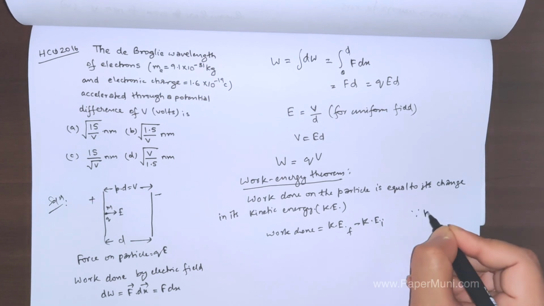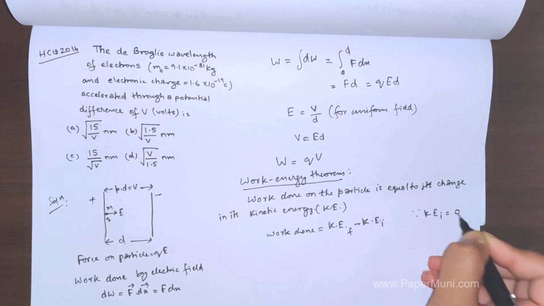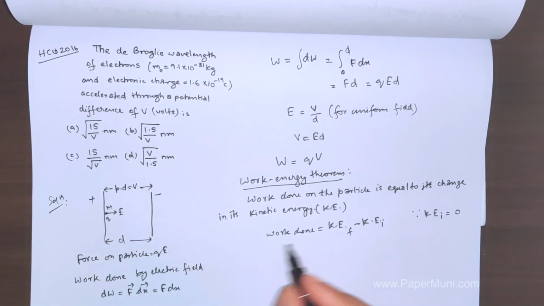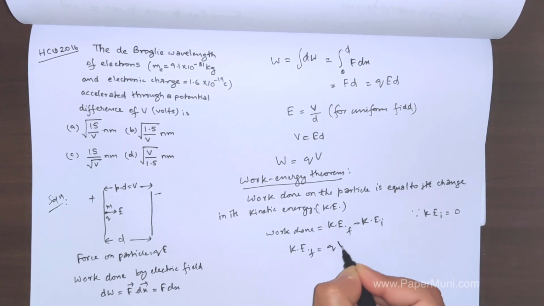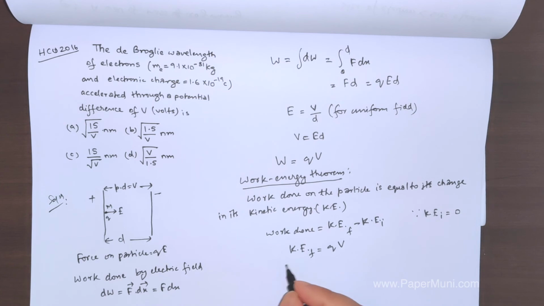Initially the kinetic energy is 0 because it was at rest, so the final kinetic energy becomes equal to the work done, which is QV.